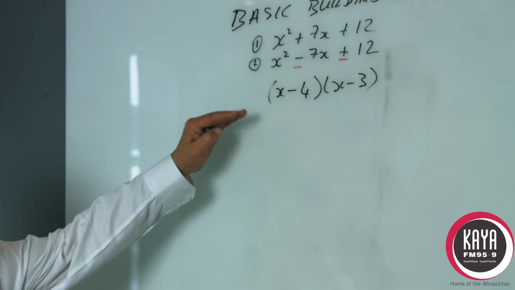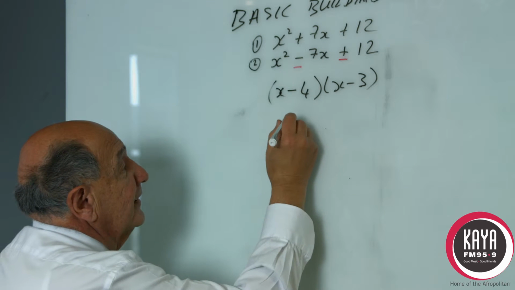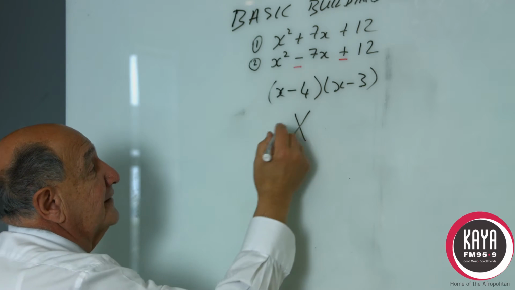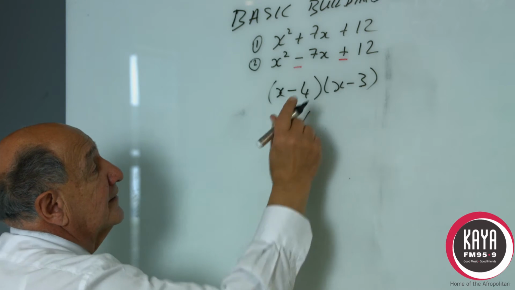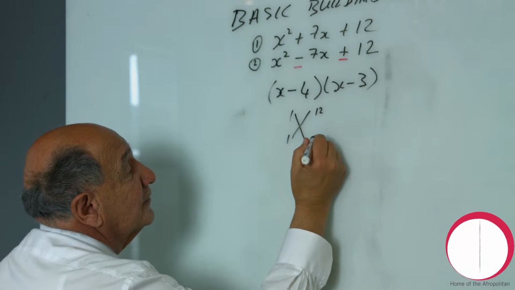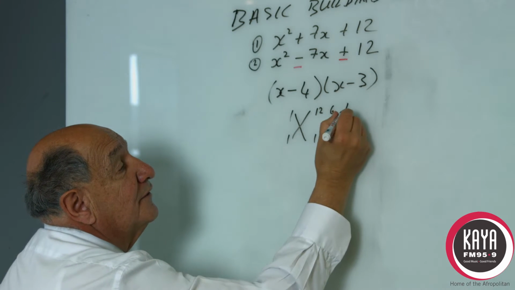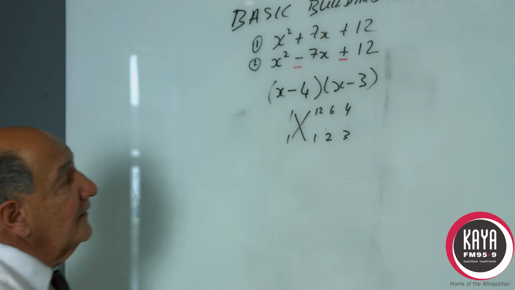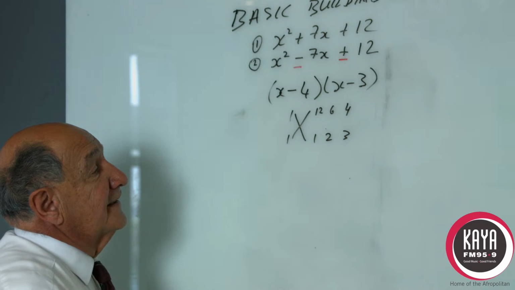Again, how did we get the 4 and the 3? We have our big X to have our factors of 1 times 1 for the x squared, and the 12 again becomes 12 and 1, 6 and 2, 4 and 3. Again, we are looking for a minus 7x.